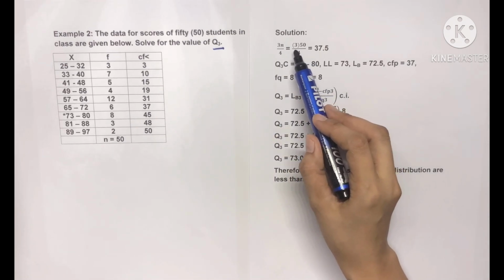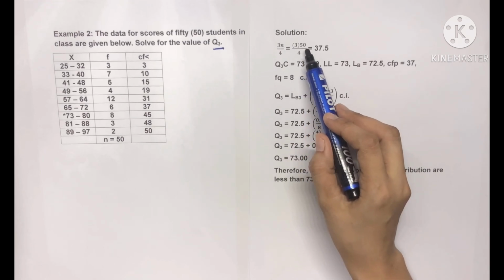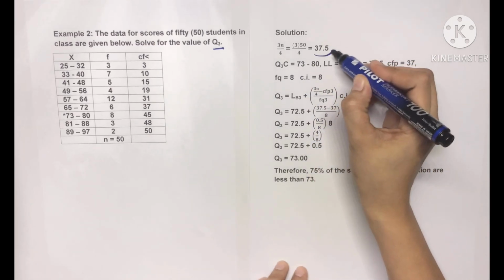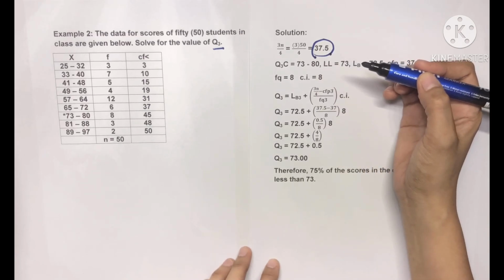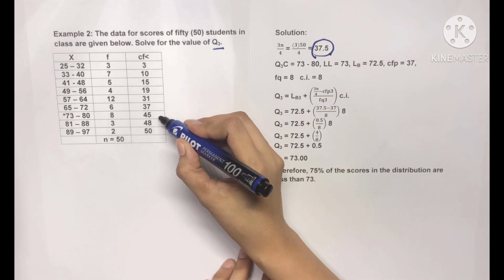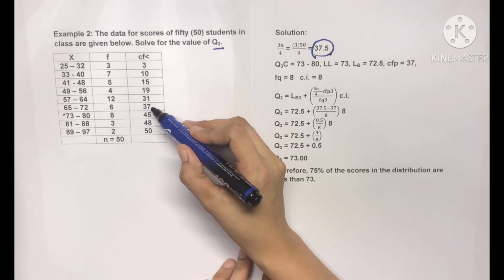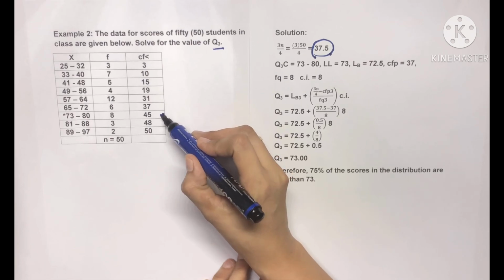So 3 times 50 divided by 4. 3 times 50 is 150, divided by 4 is 37.5. 37.5 is included here in 45, because 37 is less than 37.5.